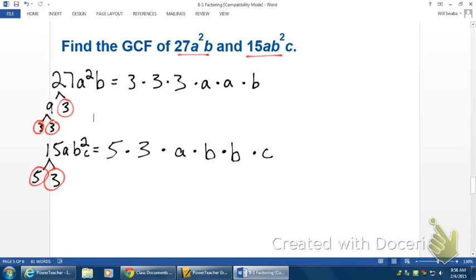Now, let's talk about the greatest common factor. Now, all it is, the reason why I had you factor each one of these out completely is because the easiest way to determine this is to circle which ones they have in common. What I mean by that is, I got a 3 right here and a 3 down here.